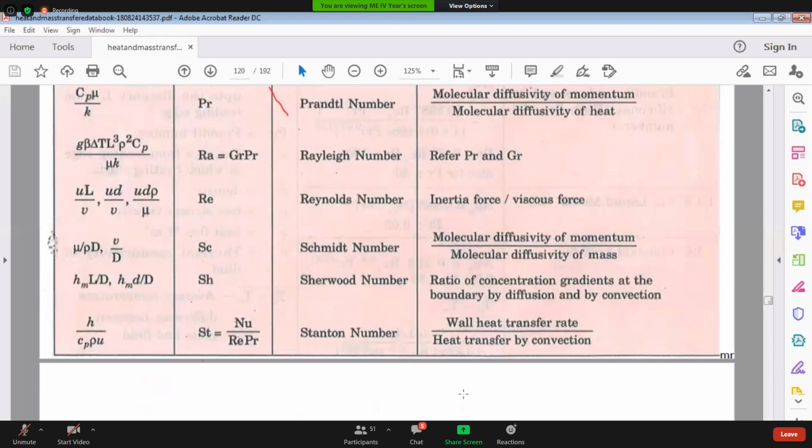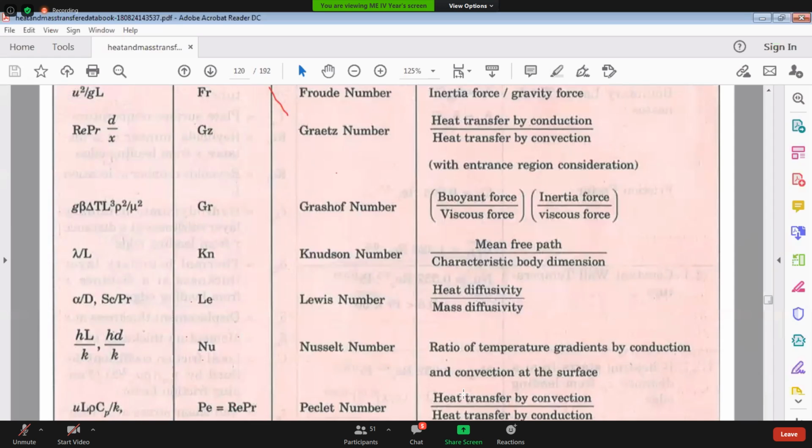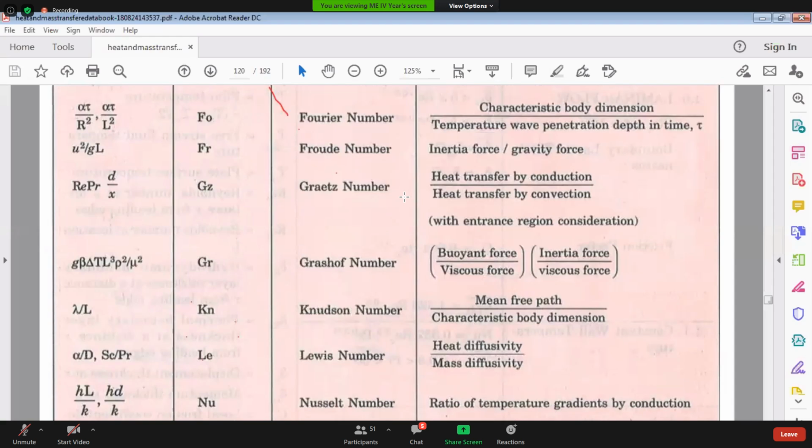So I guess the time is over now. If you have any doubts, you can raise your questions. I'll discuss. And then in the next class, let us see the boundary layer, what is called the hydrodynamic boundary layer and the thermal one. So in your free time, go through this data book quickly.